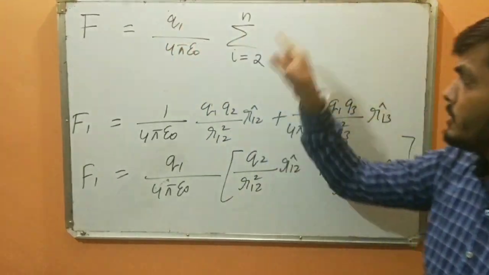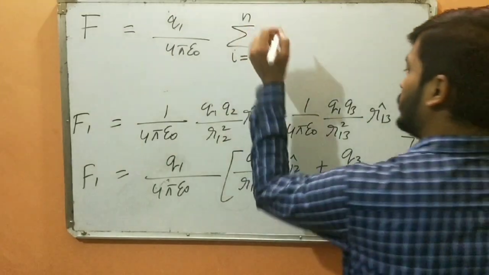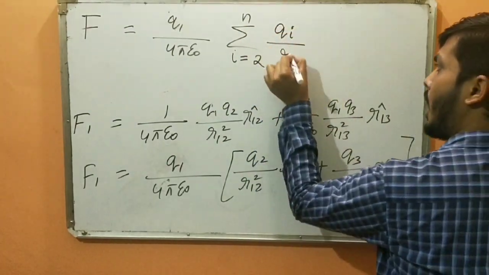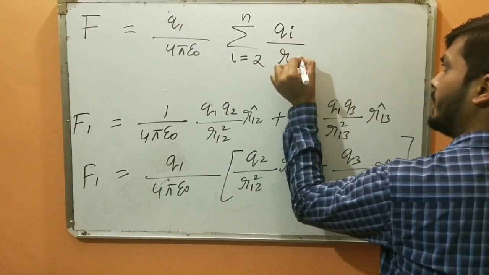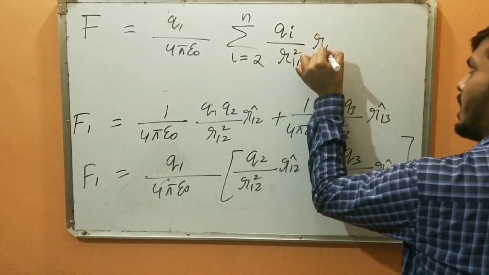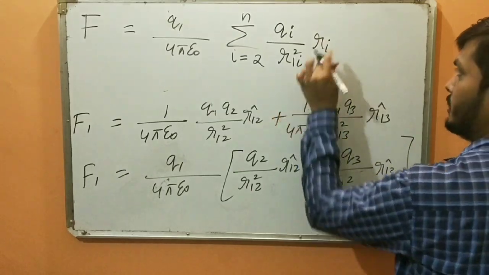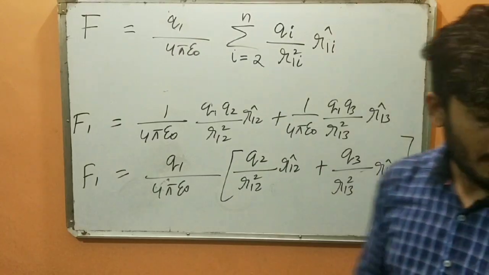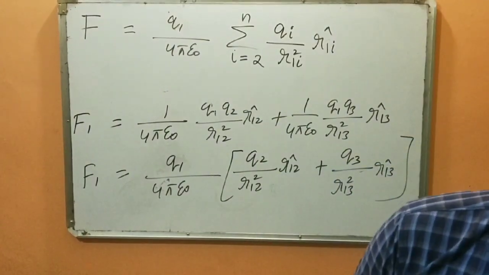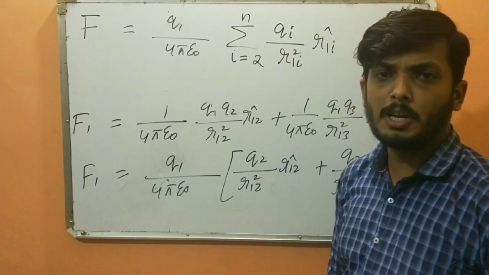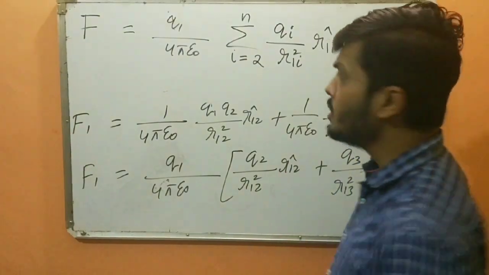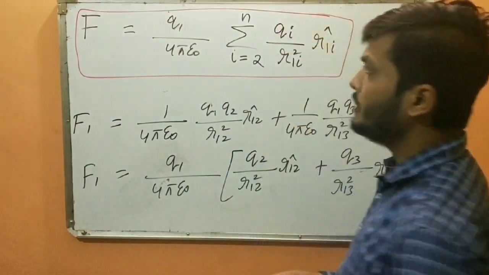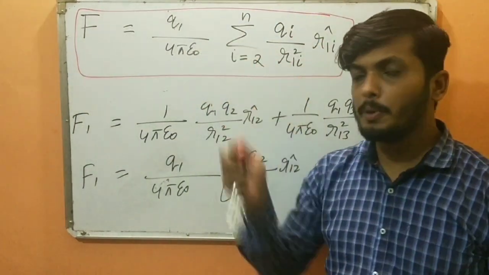So for n charges, i starts from 2. This will be equal to Qi divided by R1i the whole square, times r1i hat, the unit vector. So this is the net force due to multiple charges. Are you understanding? So what did I get?